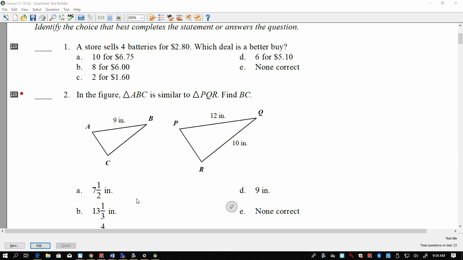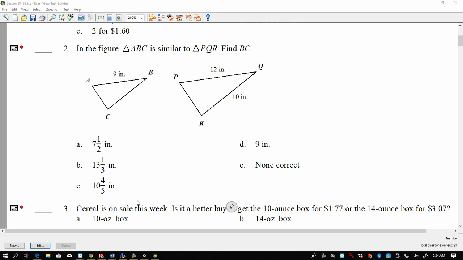What's 1.6 divided by 2? It's probably 80 cents. 5.10 divided by 6? That's probably not as good a deal. 85 cents. So we actually know what the worst deal is: 6 for $5.10. What we want is 10 for $6.75, the best deal, correct? So we know how to go about that.